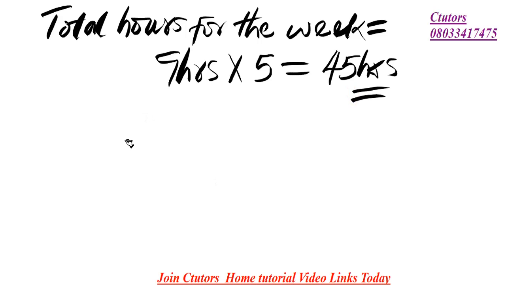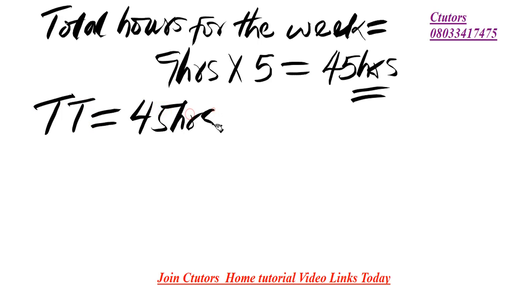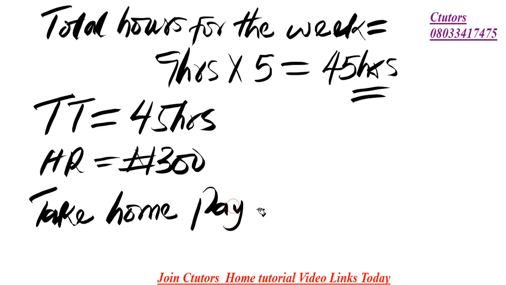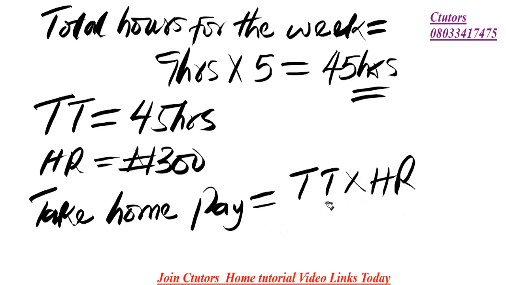And then the question gave us that total time taken TT is equal to 45 hours, and the hourly rate as established by the company is 300 naira per hour, which means that the take-home pay of this man will be TT multiplied by HR, as established by the formula which I gave to you.